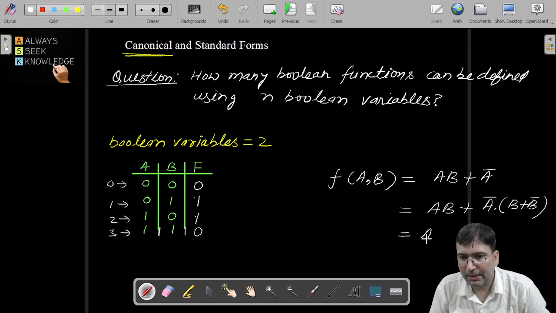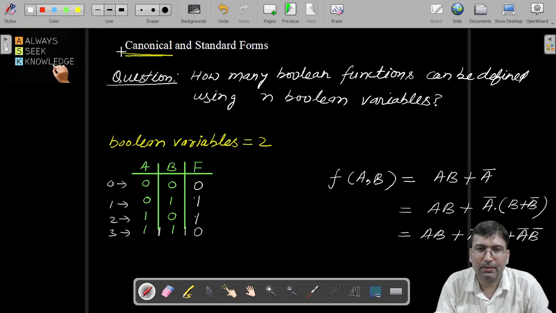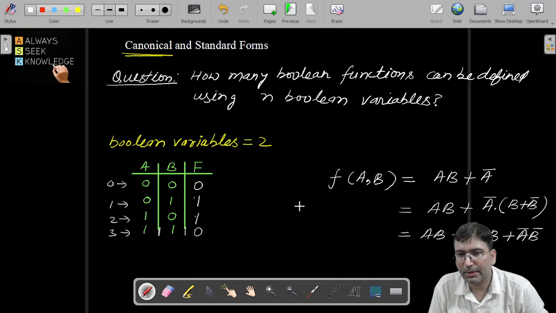So we can write ab or a bar b or a bar b bar. Now it is in canonical form because every term has all the variables over which function f is defined. So I hope you understand the meaning of canonical, right?